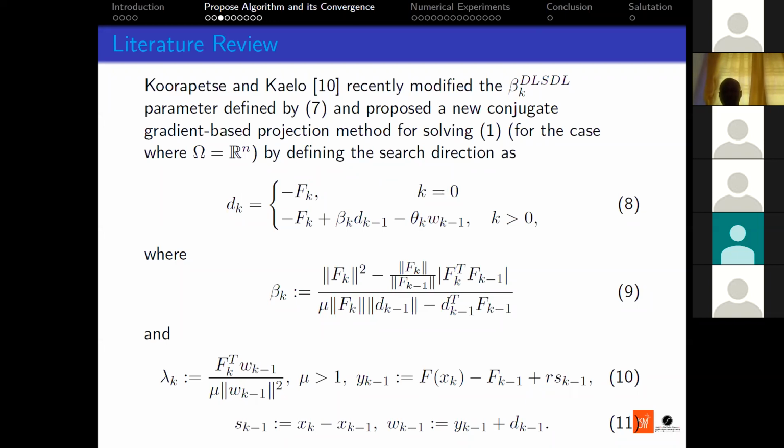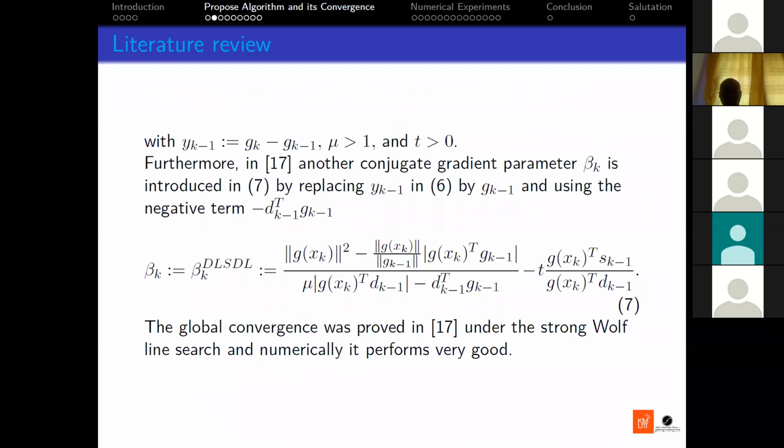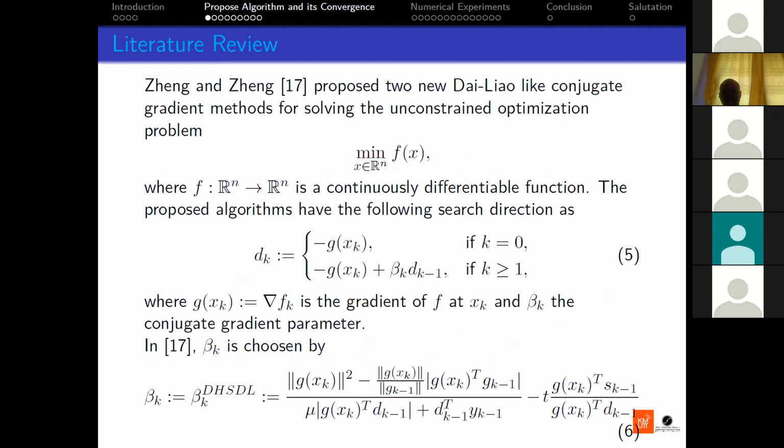So what Kuraptse did is, if you go back to 7, you will see that beta k defined by 7 is like a two-term parameter. The first part starts from norm of dk minus 1 squared, and the other one starts from minus t on the other side. So Kuraptse considered the first term defined in 7, and then they defined it as their beta k.